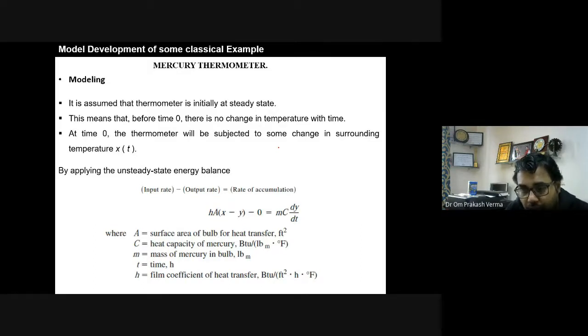Another thing, if a numerical has been asked on the thermometer, most of the problems will be asked regarding the transient response and the temperature at an instant of time. Such a type of problem may be asked in your exam.